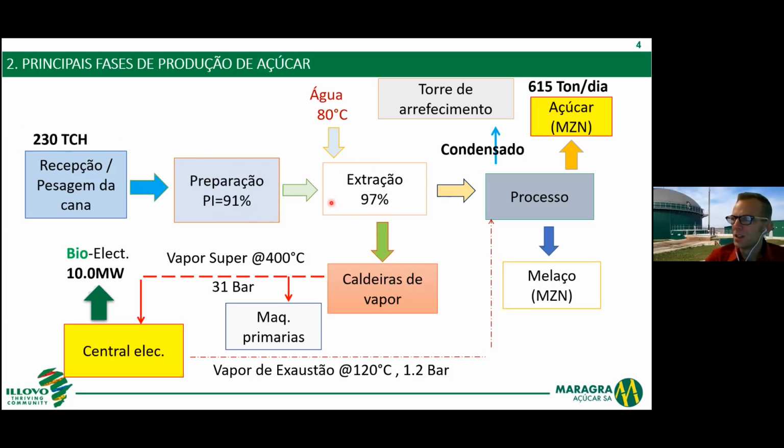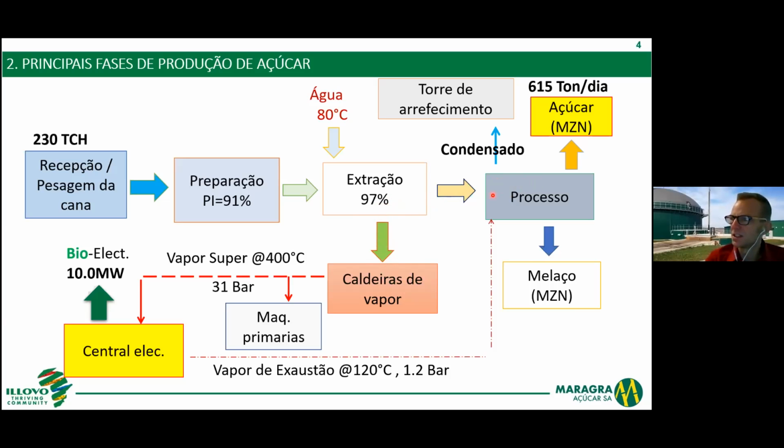Then you have the sugar extraction, which will, let's say, be the pressing of the cane, which results on the one hand in bagasse, so that's the pressed out stalk, let's say cane stalk.